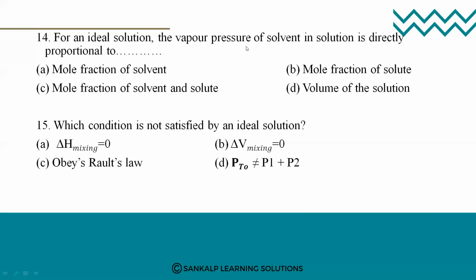Okay, I've got mixed answers. Which is the correct answer? For an ideal solution, the vapor pressure of solvent is directly proportional to its, yes, the answer is A, mole fraction of the solvent.